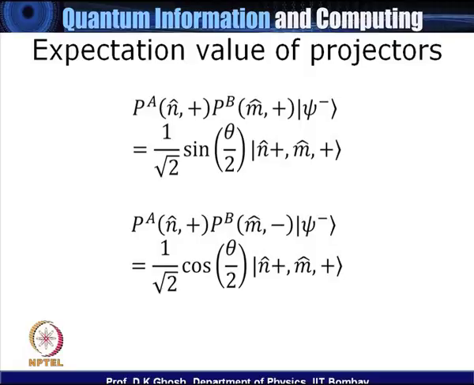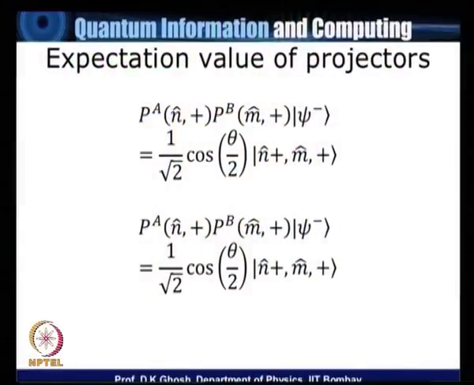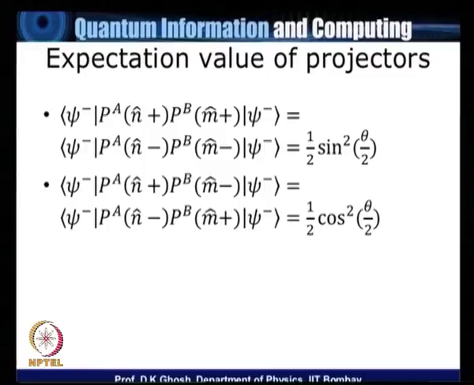So therefore, if we now decide that Alice and Bob make their measurements along directions n and m respectively, then we can calculate the expectation value of, let us say, P_A(n)+ P_B(m)+.